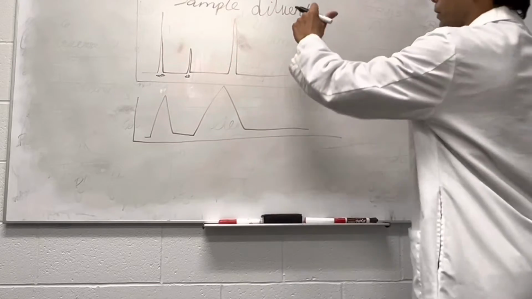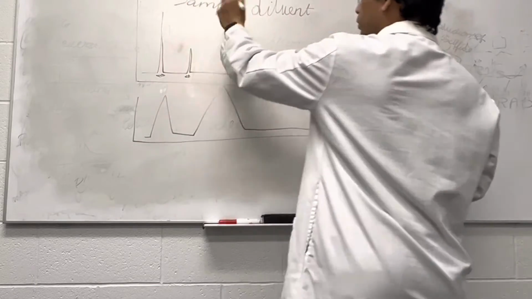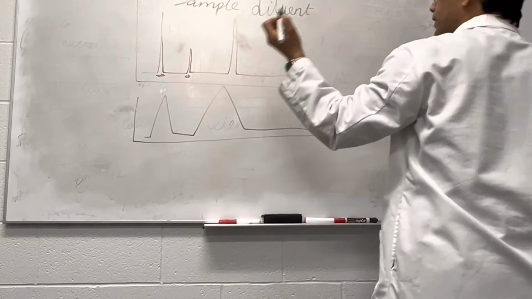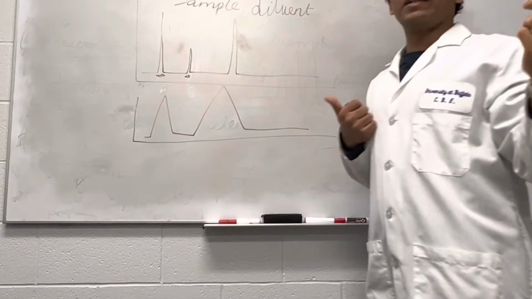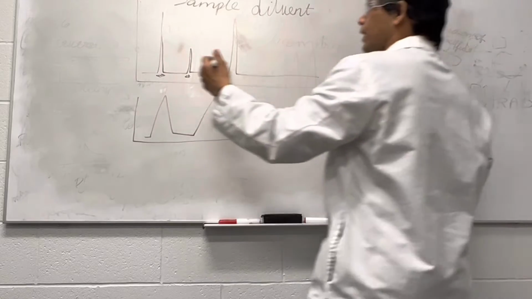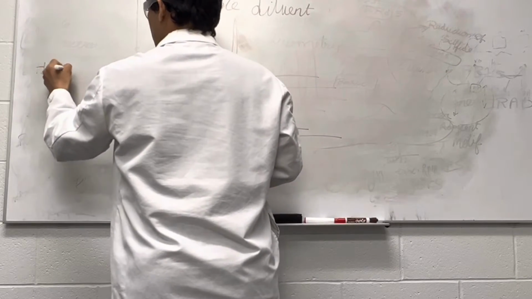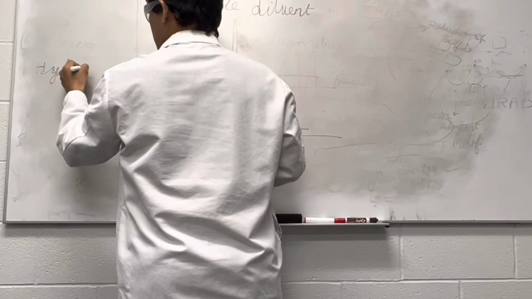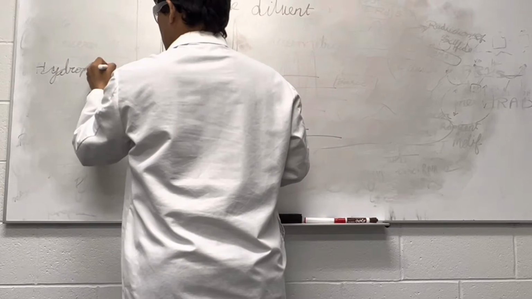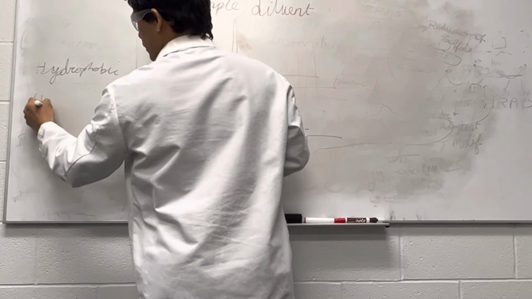What we need to take care of while choosing the diluent is what our analytes are, that is, what our sample is, whether it is hydrophobic in nature or hydrophilic.